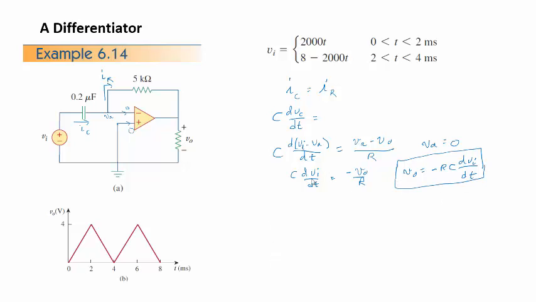Now we need to plug in the values for this particular Vin that's given to us. Your textbook has a mistake in it. It says Vin is defined by these equations and is drawn in this figure down here, but then the figure says V out.